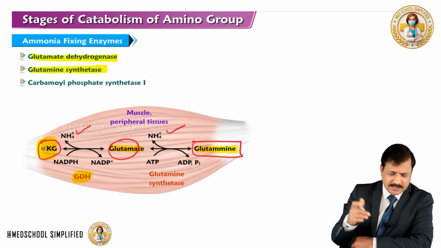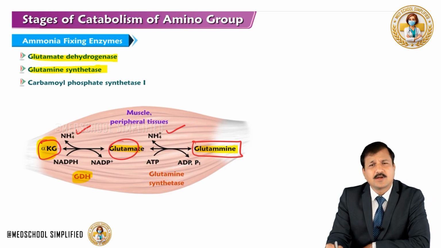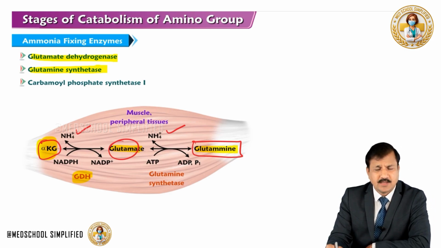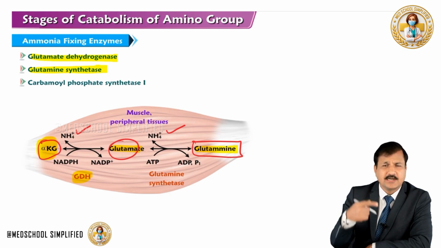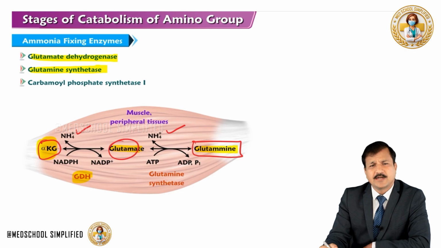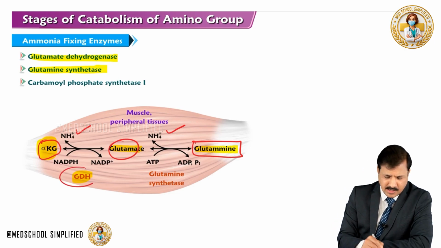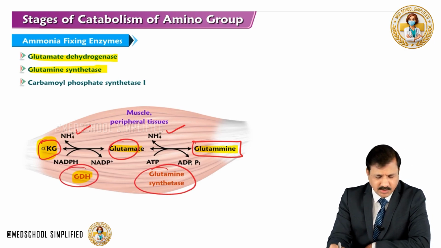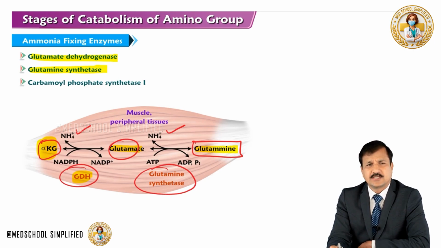Now, what is the other enzyme that is involved in ammonium ion fixation? It is the very first enzyme in the urea cycle, again present in the matrix of mitochondria. And also remember these 2 enzymes here, glutamate dehydrogenase and glutamine synthetase, are mitochondrial enzymes. Likewise, carbamyl phosphate synthetase 1 is also a mitochondrial enzyme.